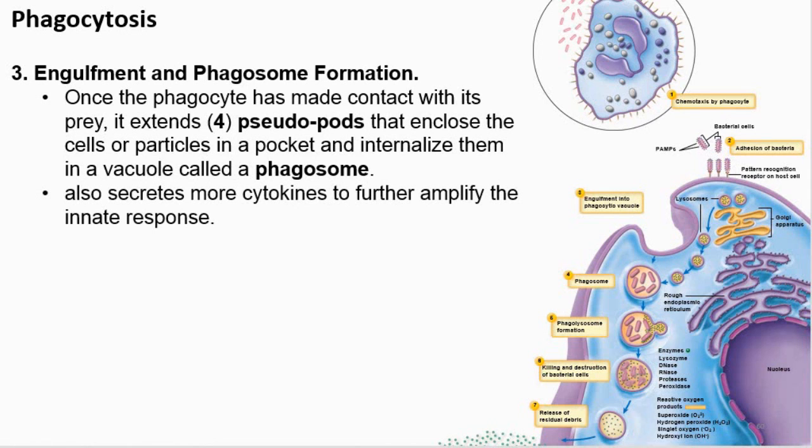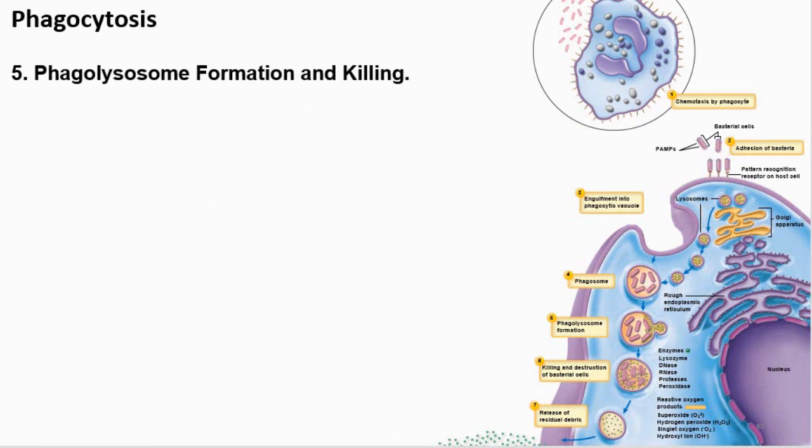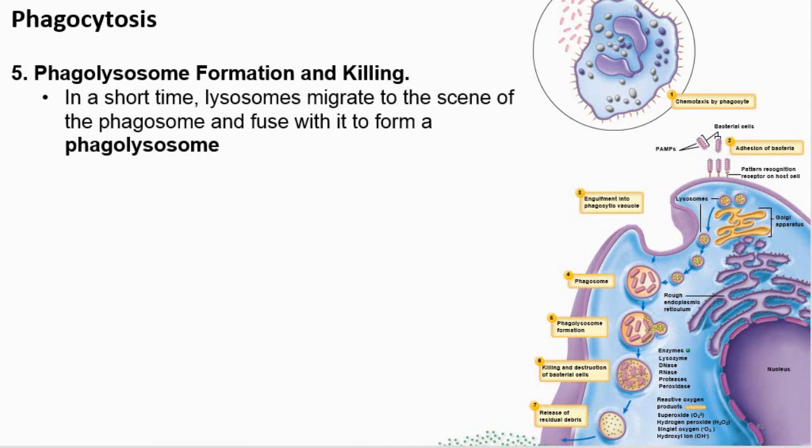And another thing that the phagocyte does is release cytokines, which just contributes to the inflammatory response and kind of helps create that snowball effect, which isn't always a good thing. Okay, so we have the phagosome. What happens then is we combine lysosomes with it, and that becomes a phagolysosome. So here's the phagosome.